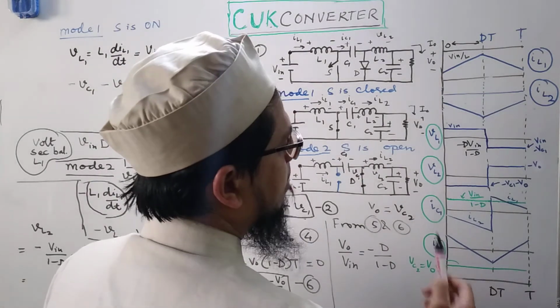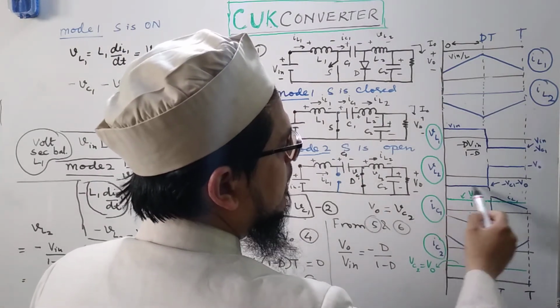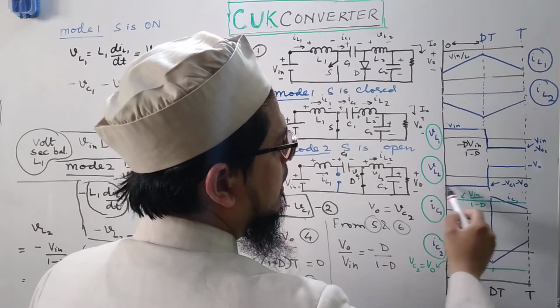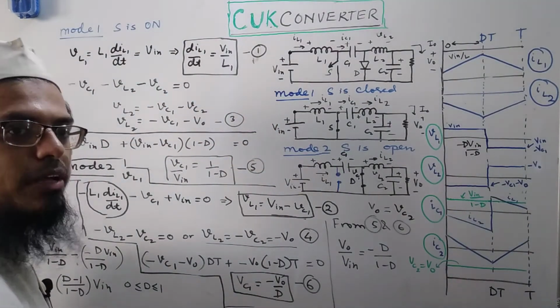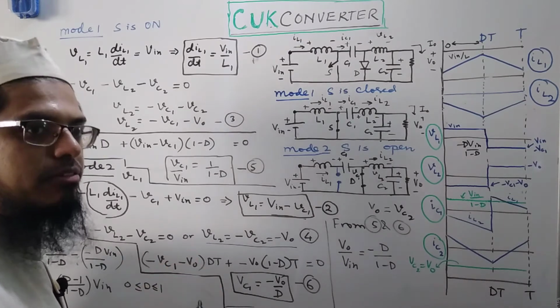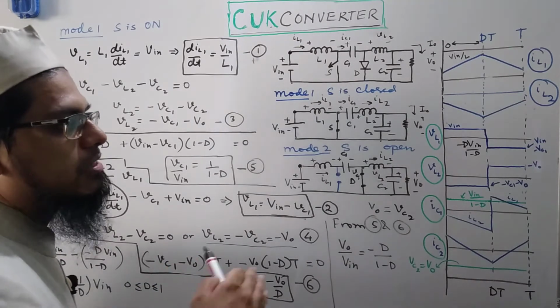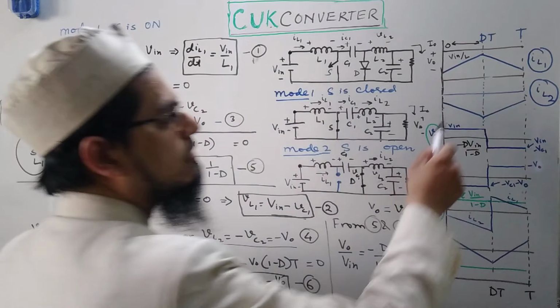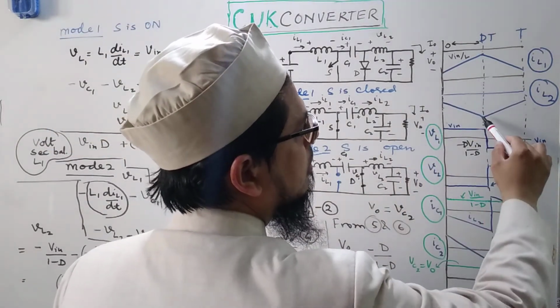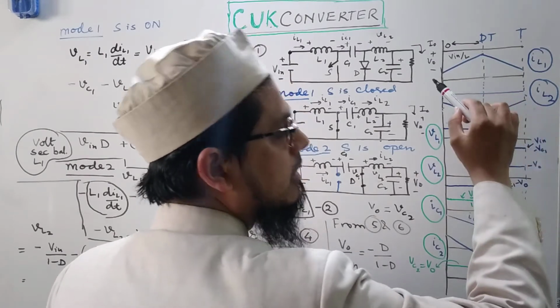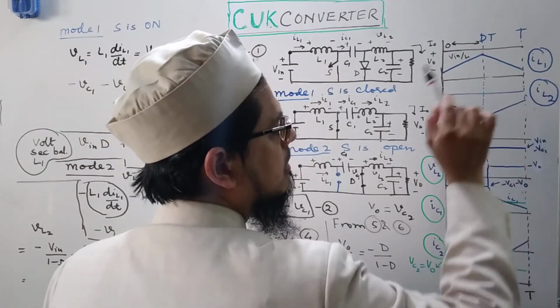When VL2 is negative, the current slope has to be negative, so the current is linearly decreasing. I have shown it here: it is linearly decreasing, and when it is positive, the current is linearly increasing.